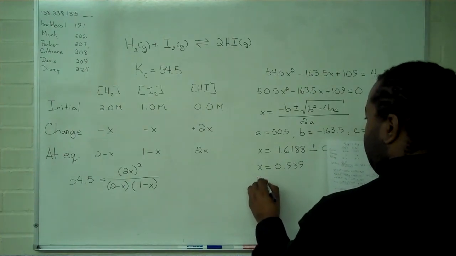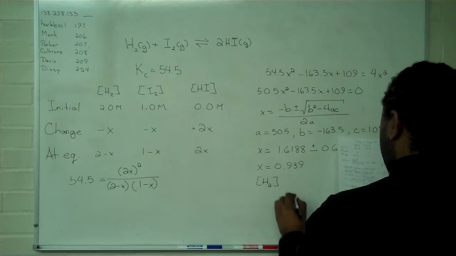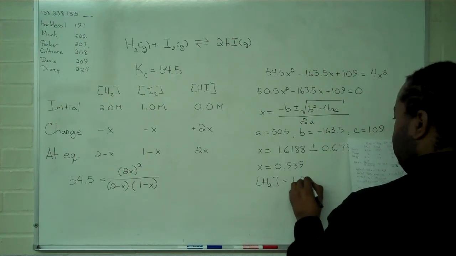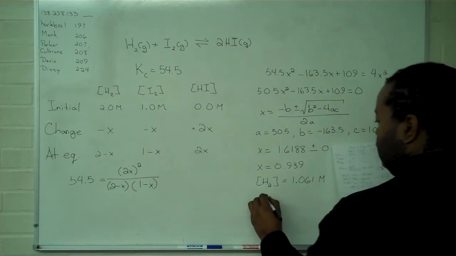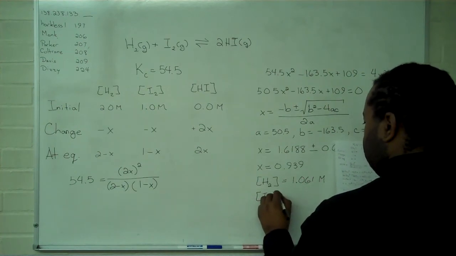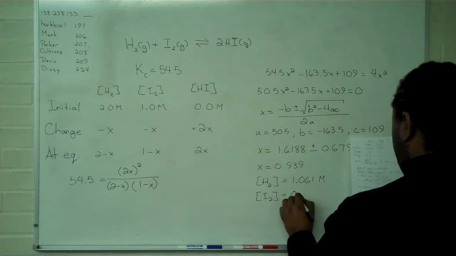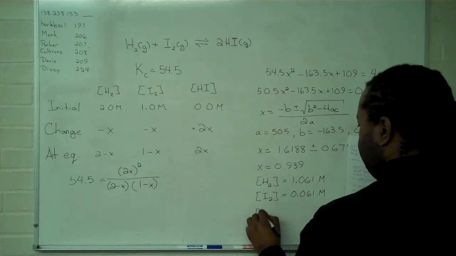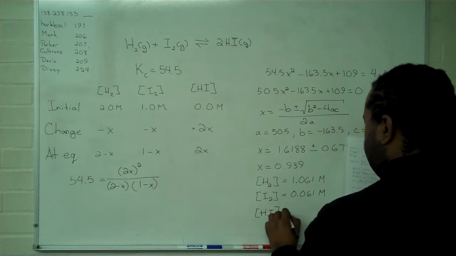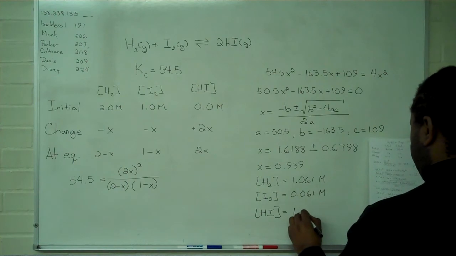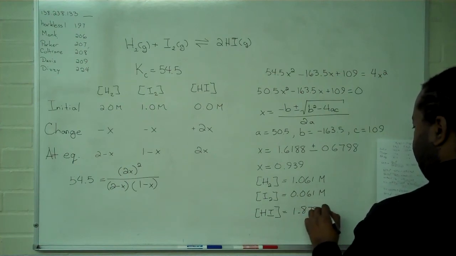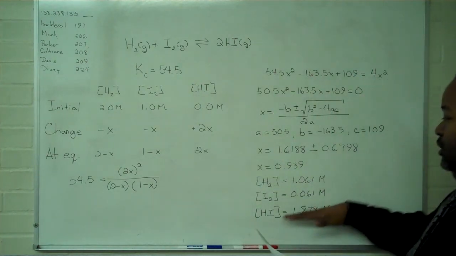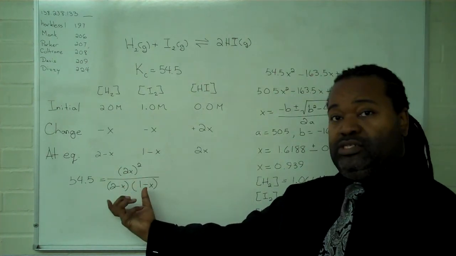And doing that substitution, we can actually write out the concentration for all 3 species. 1.061 molar for hydrogen, 0.061 molar for iodine, and the hydrogen iodide 1.878 molar.